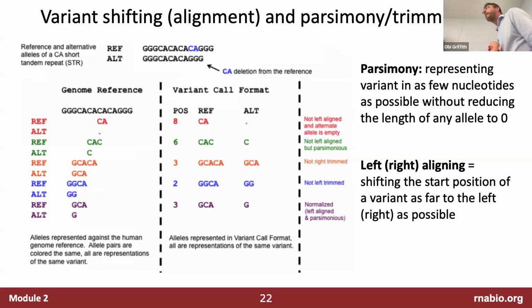Another question? Just a quick question in terms of prioritizing which aligning strategy or variant classification strategy. Does it suggest that parsimony would take priority over alignment?